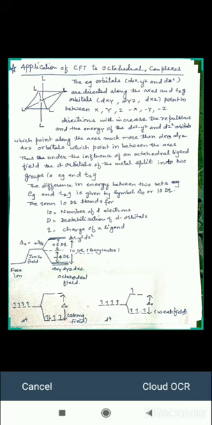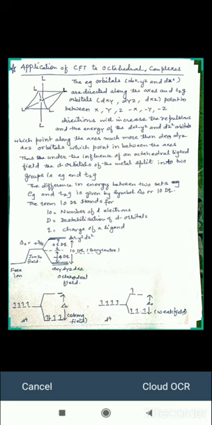The first set is known as T2g and the other one is known as Eg. T2g is triply degenerate, with lobes present in between the axes, and Eg is doubly degenerate, with lobes present along the axes. This is all about the application of CFT to the octahedral complex.